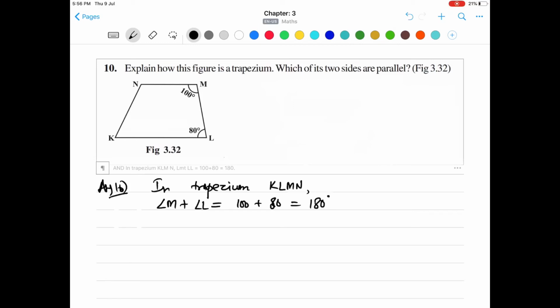Okay, that means the sum of these two adjacent angles is 180 degrees.